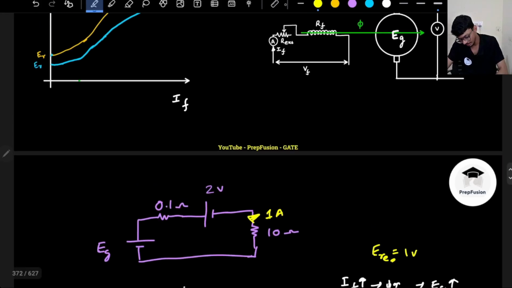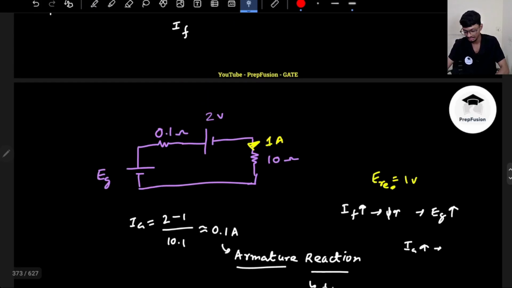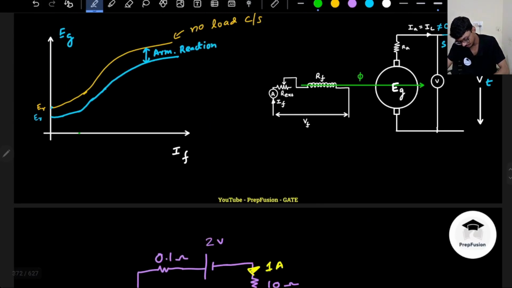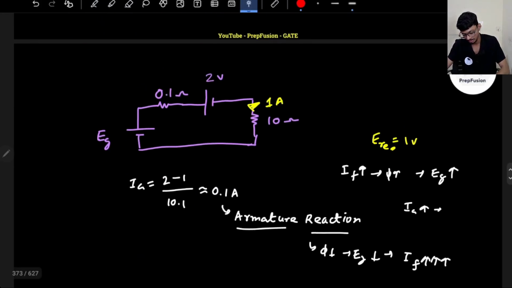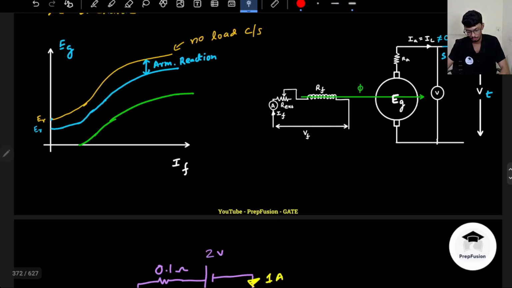So this point is where I will keep on increasing my field current, and after a certain stage there will be some finite value of current, and I will get a terminal voltage. Otherwise, I will not be able to overcome this brush drop, so ultimately at the output I will not get any voltage. Okay, I hope you have understood this point.